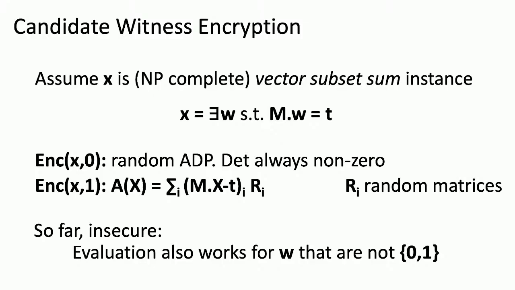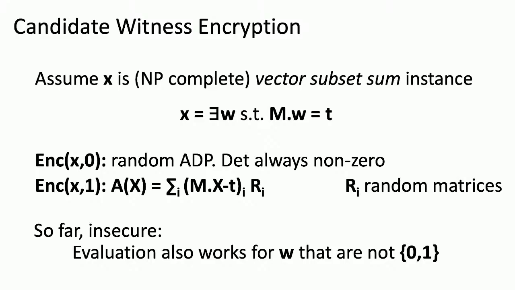And then if you want to encrypt 1, here's what you're going to do. You're going to choose random matrices Ri, and the ADP that you're going to give out is just a linear combination of these Ri's, where the coefficients are the entries of the vector M dot x minus t. The Ri are just constants. M dot x minus t is a vector of affine functions in the input.